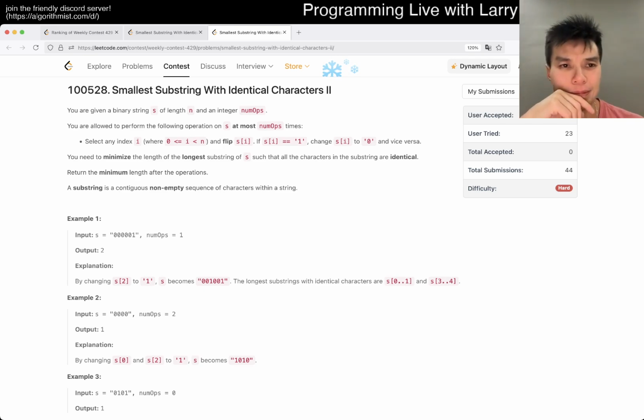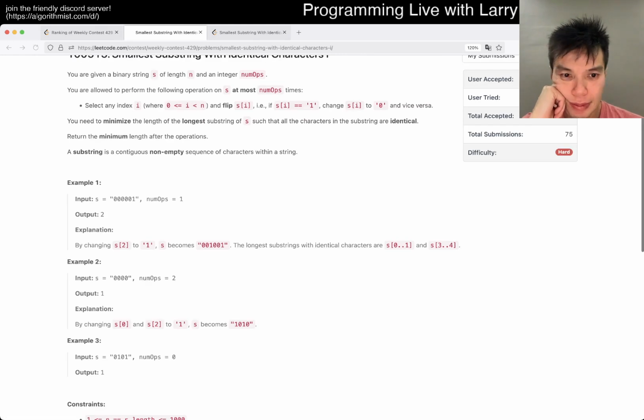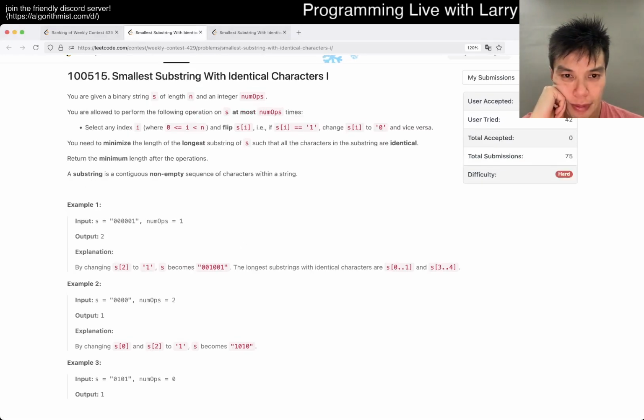I don't know. Maybe I need a notebook as well. Okay. No one even knows the n-squared solution. That's wild. Index and number of ops is already too tricky, right? Index.